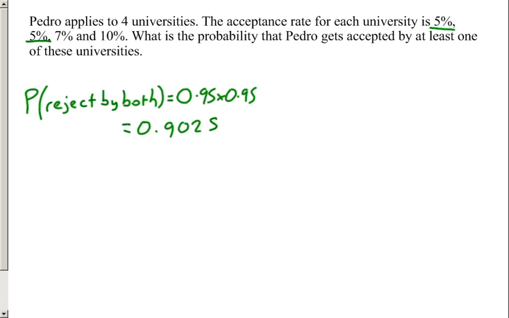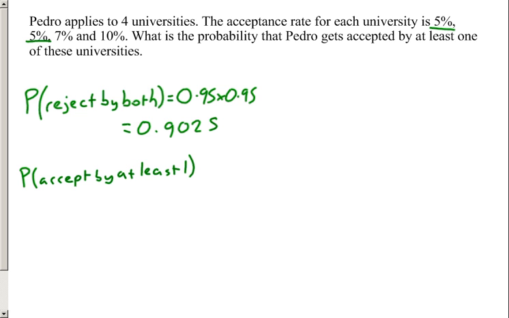So, the probability that he's accepted by at least 1, well, that is every other possibility. The probability that he's rejected by both is 0.9025.